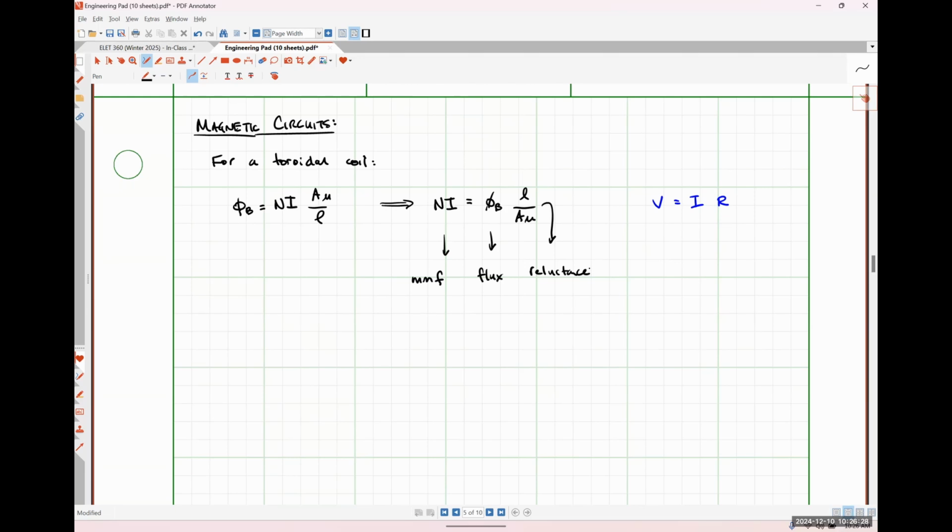So reluctance is a measure of how difficult it is to pass magnetic flux through a particular path.